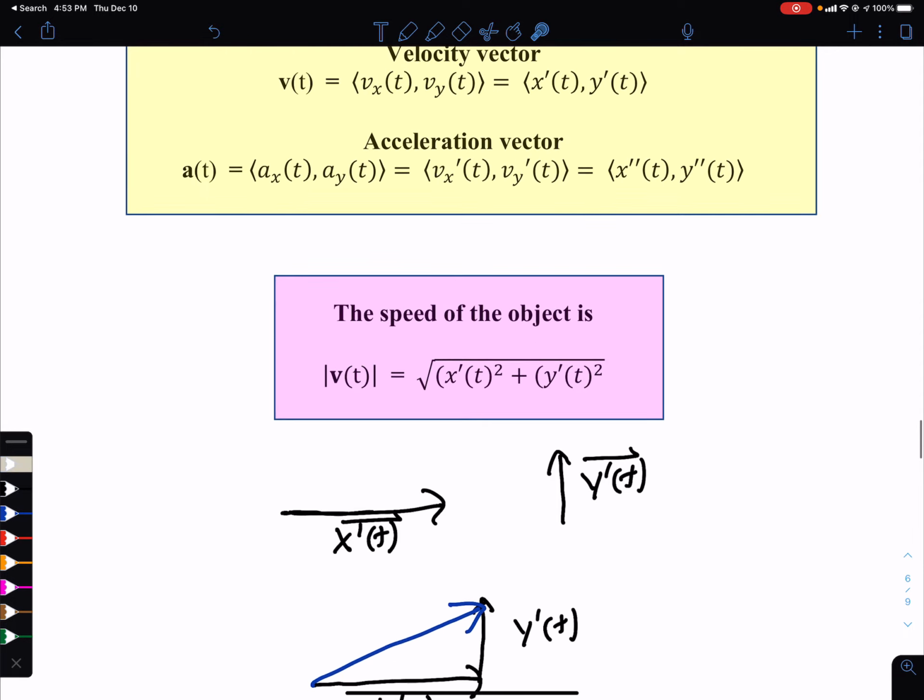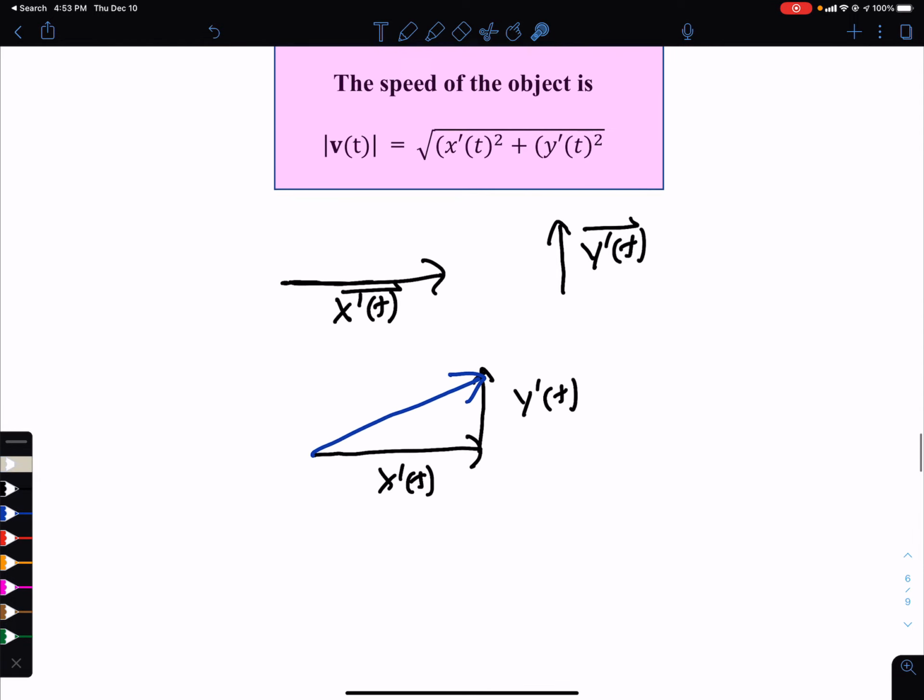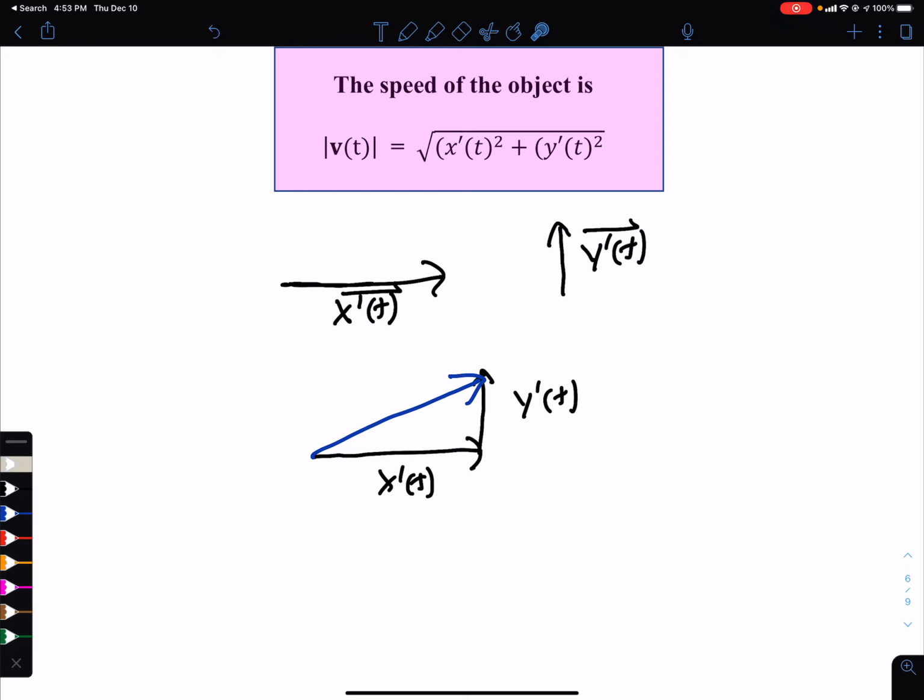So how do you find speed? Well, it's a combination of two velocities. If you have a boat that's moving this way and it's moving that way, what's the resultant direction? Obviously, it's that way. How fast is it moving? Well, you take the velocity that way and the velocity that way. How do you figure out the velocity that way? It's the Pythagorean theorem. You take this velocity squared plus that velocity squared, and that gives you the magnitude of this. This is the resultant of adding these two vectors together.